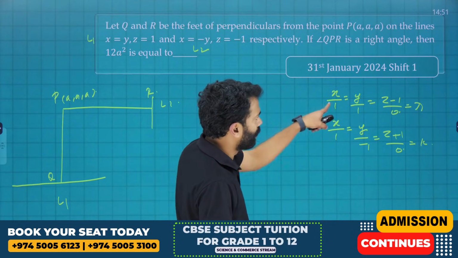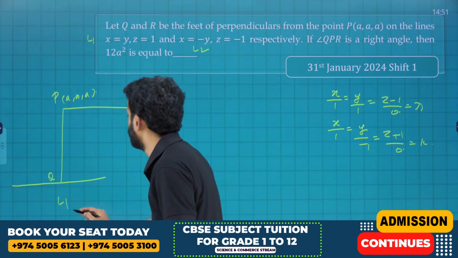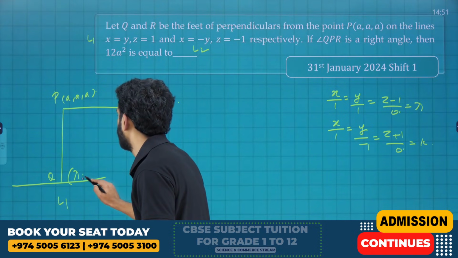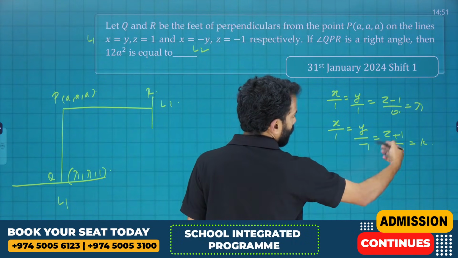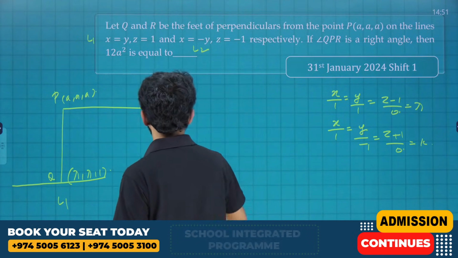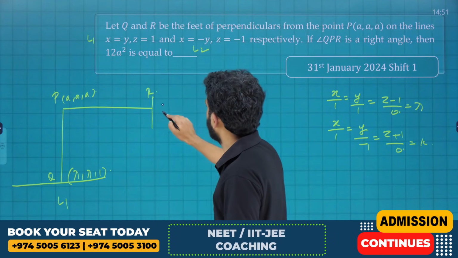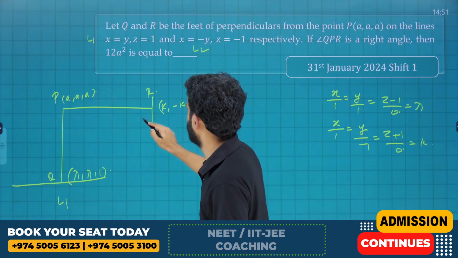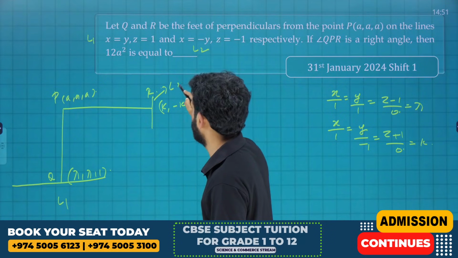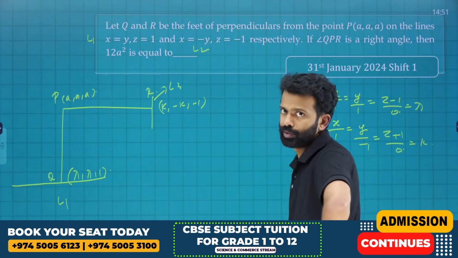The general points will be (lambda, lambda, 1) here, and (k, minus k, minus 1) here. That is line L3. So how are you going to formulate this one?